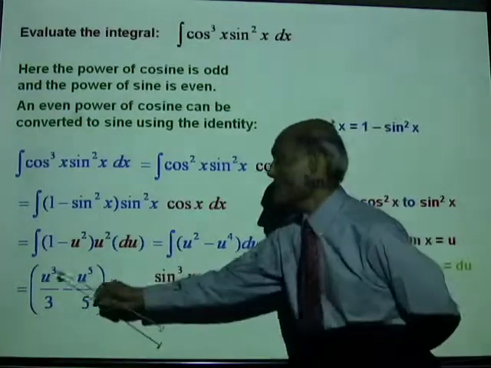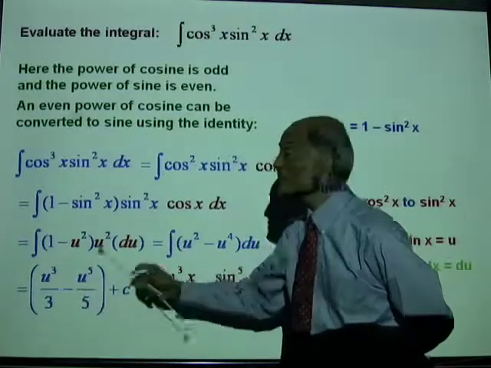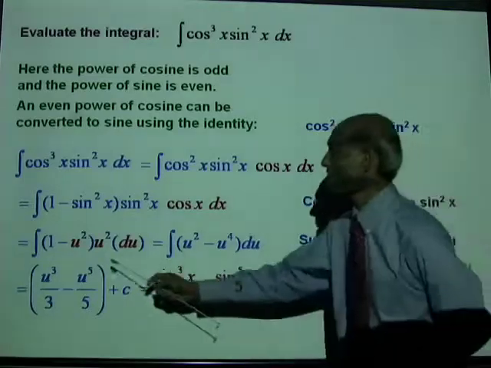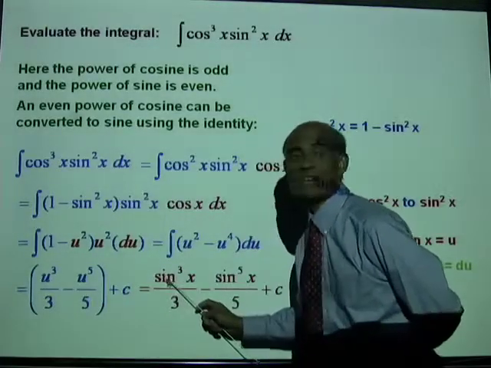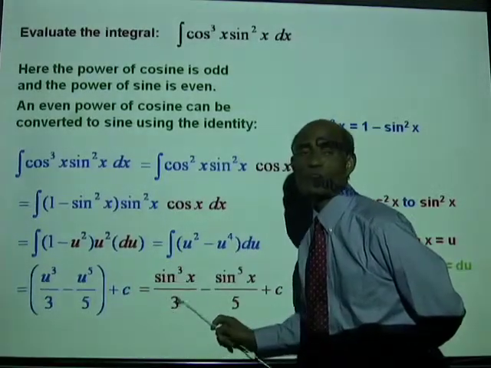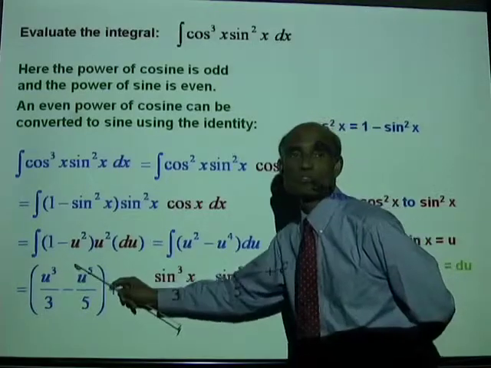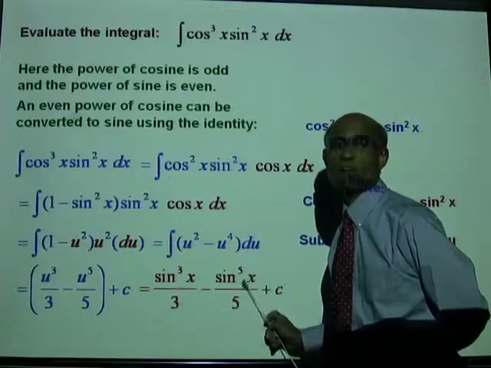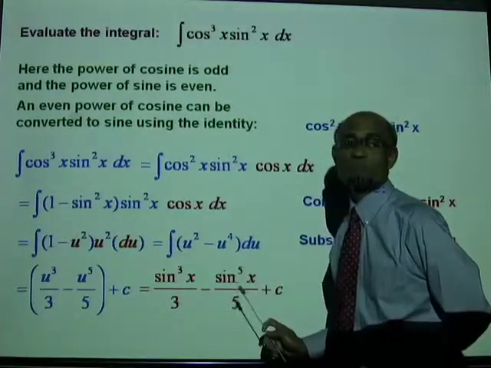Well, you can now replace u by our substitution sine x. So our u equals sine x. U cube is sine cube x divided by 3 minus u to the power of 5 over 5 becomes sine to the power of 5 x over 5 plus c.